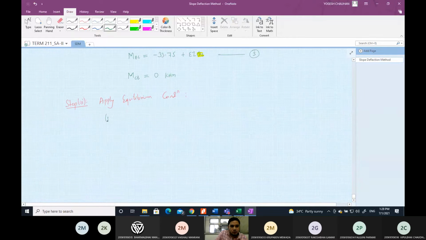First condition, at joint B, summation of moments at B equals 0, that is MBA plus MBC equals 0.